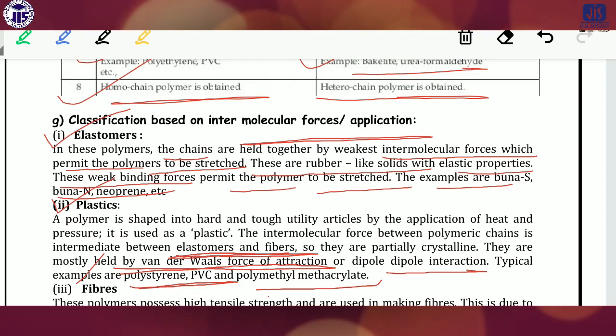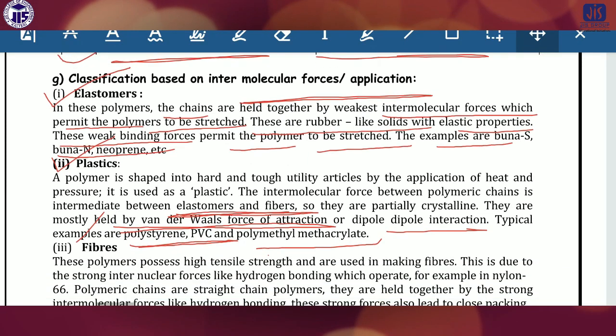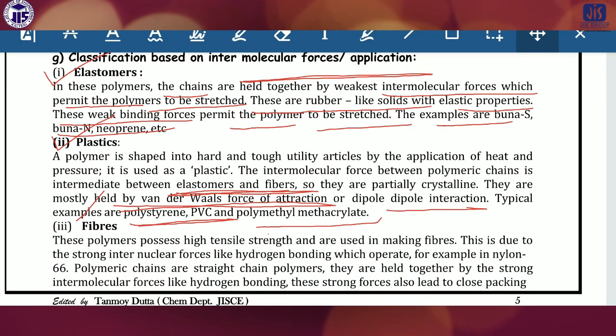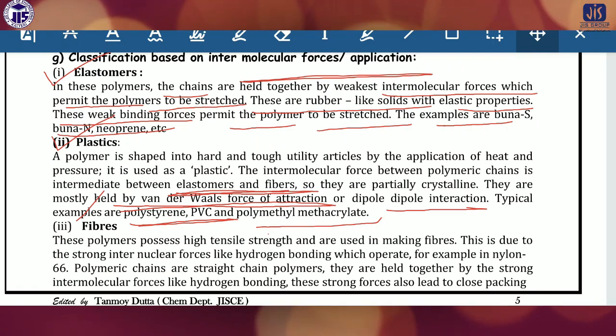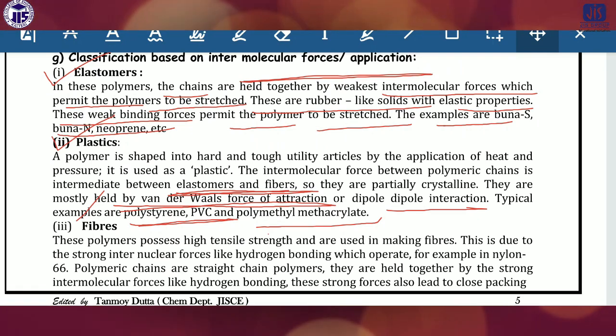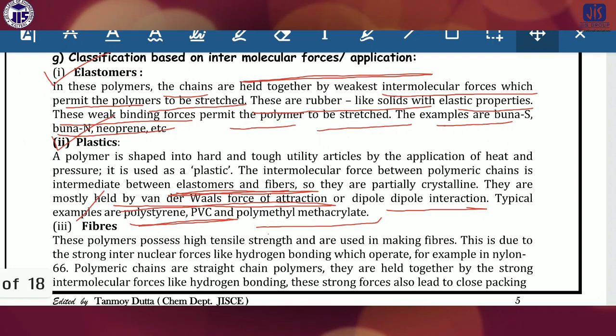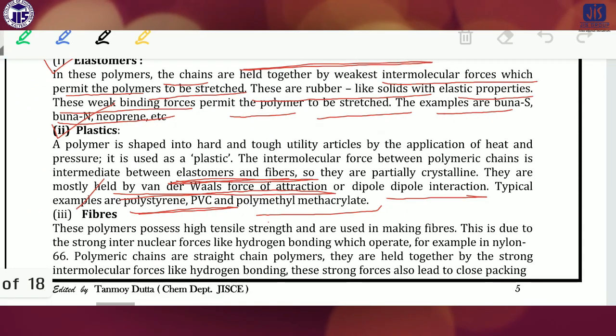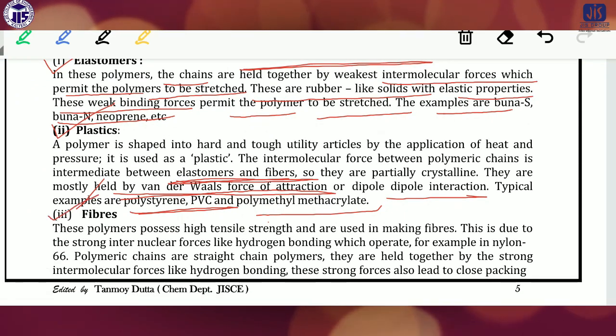Now come to the next category. This is the fiber. If you think about the fiber, obviously here the intermolecular force will be higher with respect to the plastic and the elastomer.